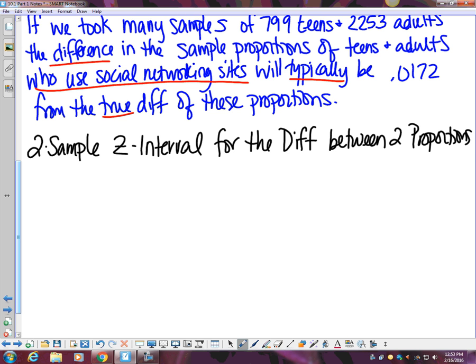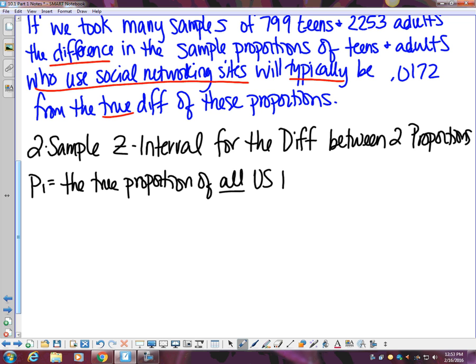Okay. Now let's define our variables. And specifically, we're defining our parameters. So P sub 1, now if this is a parameter, how do you start that? It is the true proportion of all U.S. teens who use social networking sites.